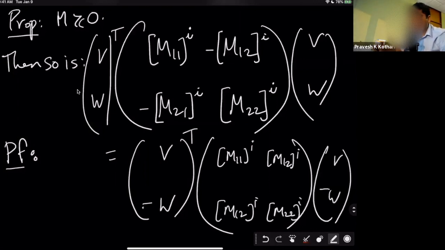So there's basically a correspondence between quadratic forms, which means that the quadratic forms of one are non-negative if and only if the quadratic forms of the other are non-negative. Both are symmetric Hermitian matrices. So one is PSD if and only if the other is PSD. And we know this is PSD, so we are done.